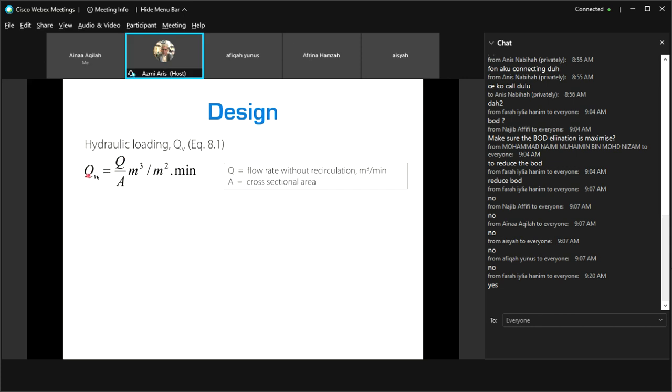Okay, the hydraulic loading is equal to the flow rate of the wastewater, without recirculation, divided by the cross-sectional area of the media. And you have BOD loading, which last time we called mass influx, which is equal to the influent concentration multiplied by the flow rate.